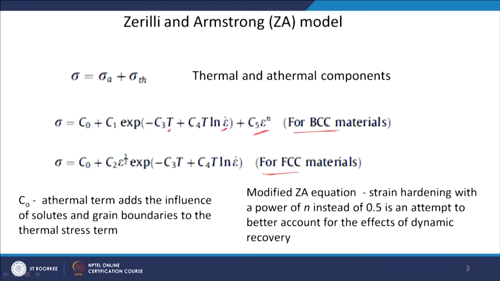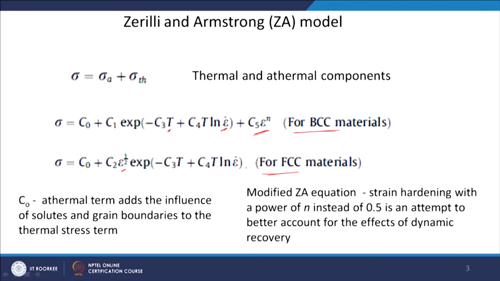Similarly, they have proposed another equation for FCC materials, where there is a slight change in the way they have introduced the strain component. Instead of exponent n, it now has an exponent of half, that is 0.5, and it is already multiplied in the exponential term. Earlier it was a separate term, now it is a single term with the temperature and strain rate. So, these are the two equations developed for two different sets of materials.